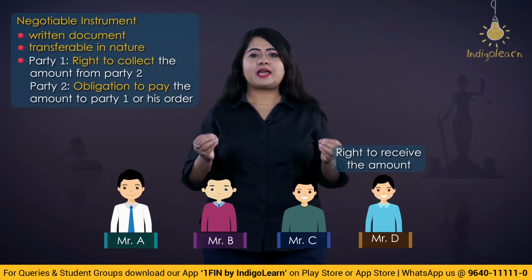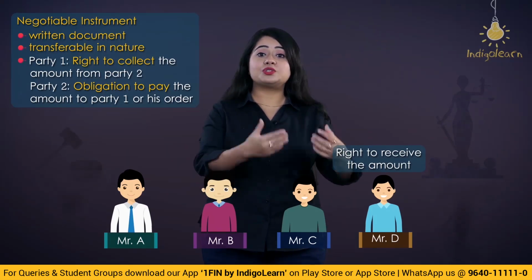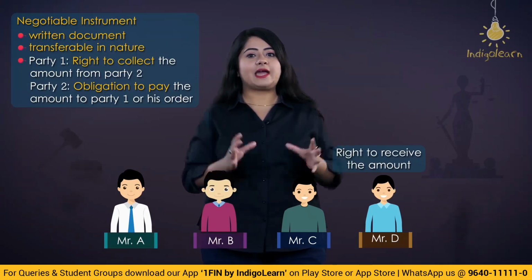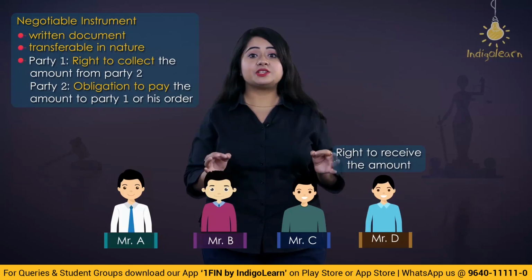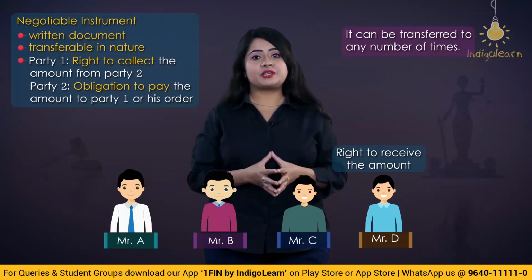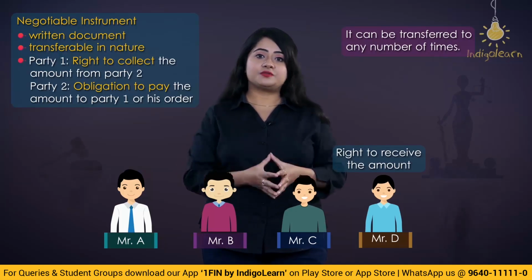Now, how many times can this instrument be exactly transferred? Can it be transferred 100 times? Can it be transferred 1000 times to 1000 different parties? Can it be transferred 1 lakh times to different parties? Well, the answer is yes to all of these. There is no limit given in the Negotiable Instruments Act with respect to the transferability of this instrument.